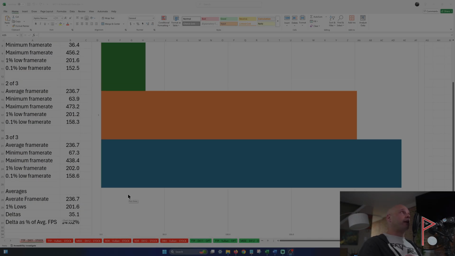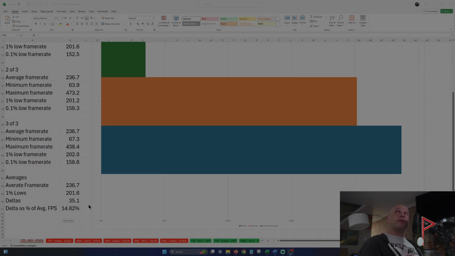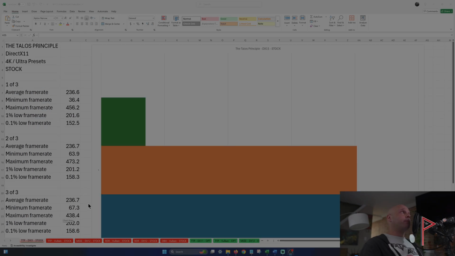And what you have here is The Talos Principle. I use this game because I wanted something that was not very graphically demanding, because I wanted to see average FPS go up. I wanted to monitor that as well as 1% lows and see how optimized the different engines were for these various configurations.